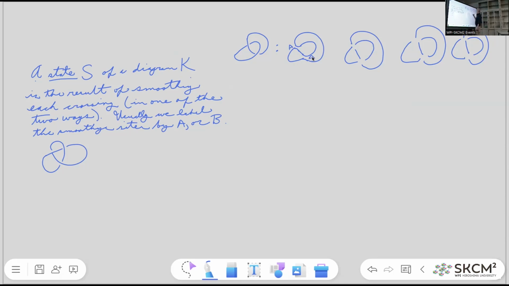And then maybe I'll change this one to a B. I'll leave this one as an A. Or maybe I'll change this one to B and leave this one as an A. Or I'll change them both to B. Okay, so there are the states.